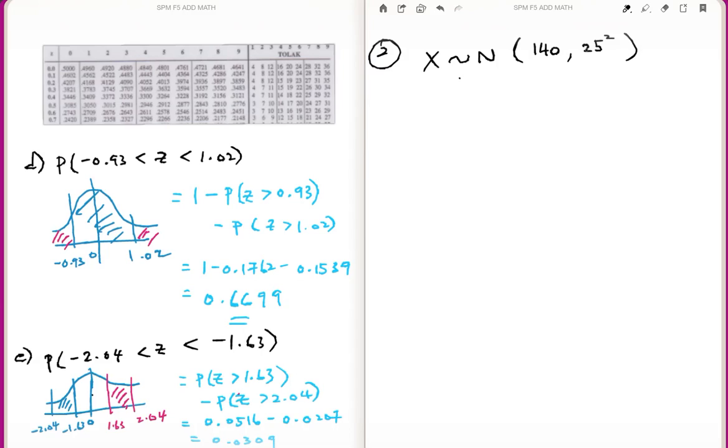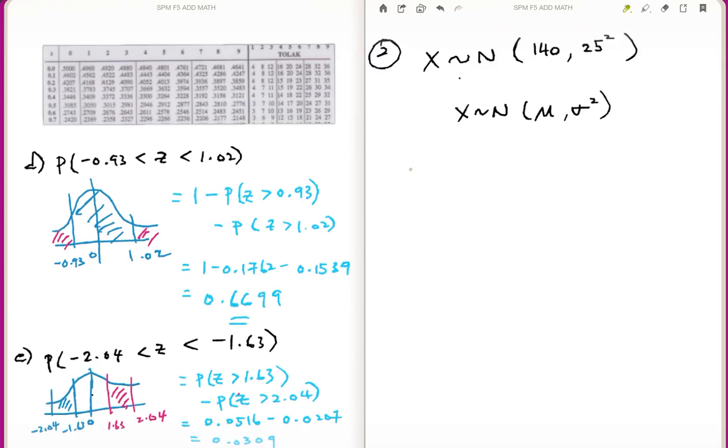It's because for a normal distribution, you represent it by mu and variance. If you were told a standard deviation, then it's 25, make sure you include a square. Now if you're given this piece of information, we can go into solving.